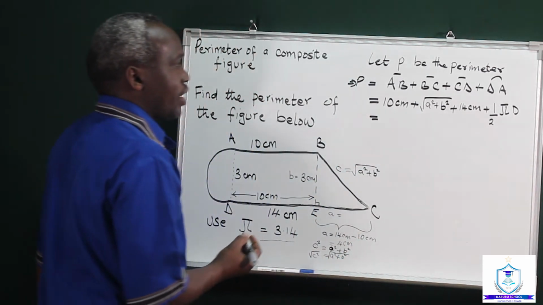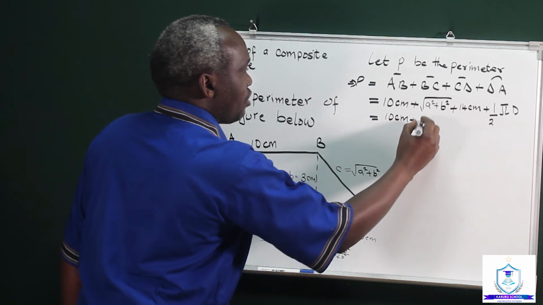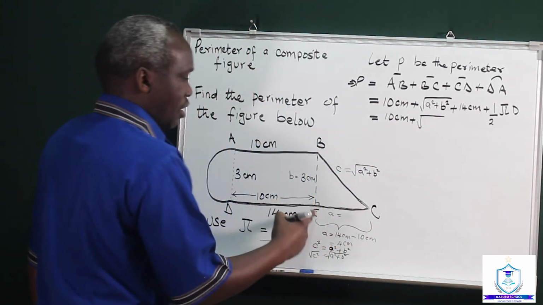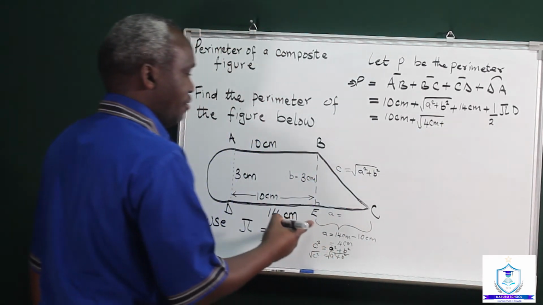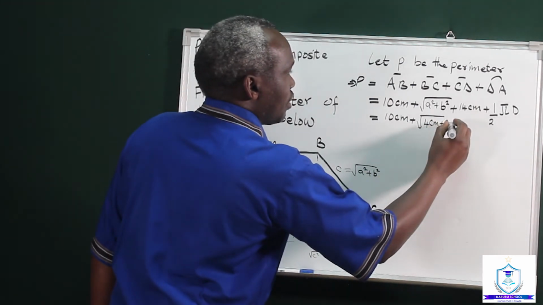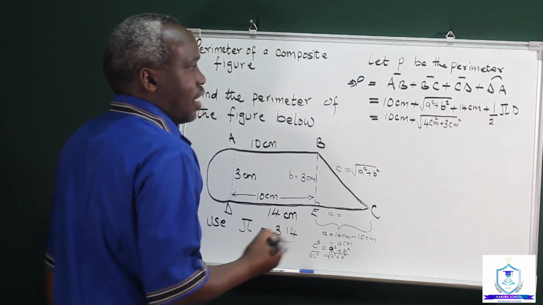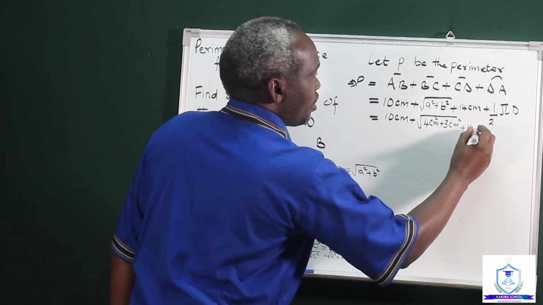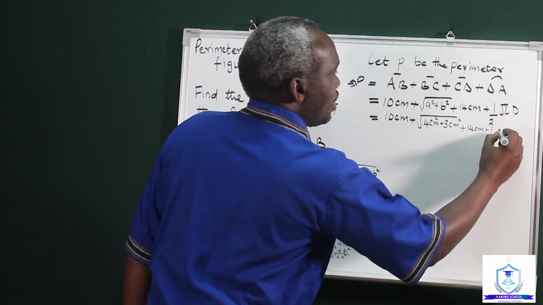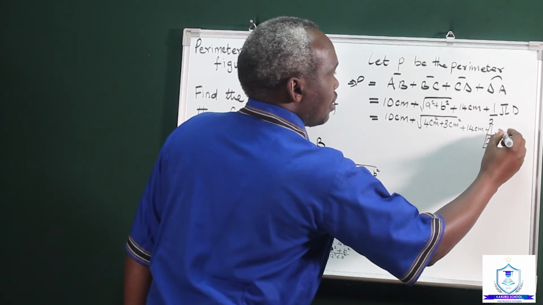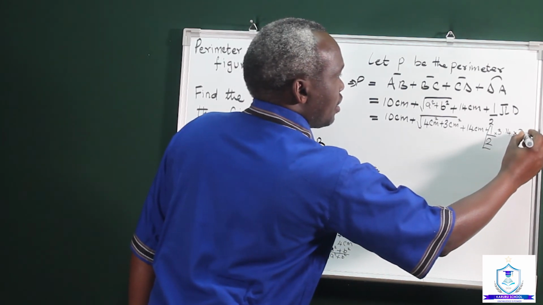So let's simplify our expression. We'll have 10 centimeters plus the square root of the value for A, which is 4 centimeters, squared, plus the value for B, which is 3 centimeters, squared, and then plus 14, plus a half times pi, which is 3.14, times the diameter, which is 3 centimeters.